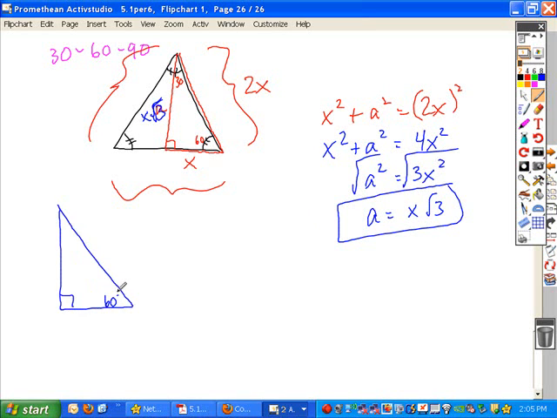Okay, so what that means is, once again, anytime they give you a pattern that fits the 30, 60, 90 triangle, you just need to apply these rules. Side opposite 30 degrees is x. What would the hypotenuse be if that was 5? Double that. And the side opposite 60 degrees is going to be the side opposite 30 degrees times root 3.